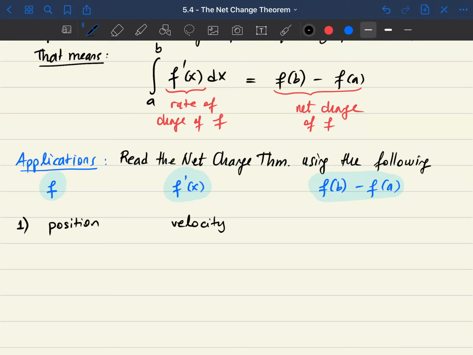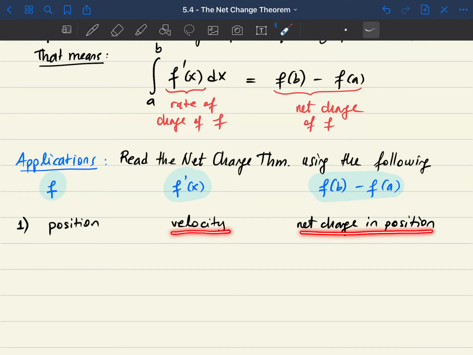So this means that the integral of the velocity function, which is the rate of change of position, is equal to the net change in position. So again, the integral of the rate of change of position is equal to the net change in position. Or in other words, the integral of velocity is equal to the net change in position, which we also call the displacement of the object.